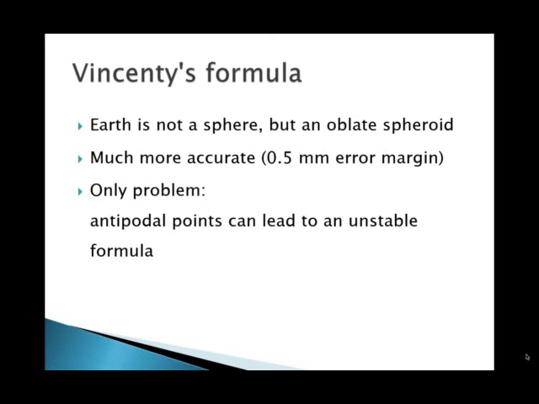Now if you have 2 points that are within a 75-kilometer radius of each other's antipodal point, then this formula can become unstable because it's an iterative formula, and it will lead to iterations that will go back and forth but not converge to the distance between those 2 points.